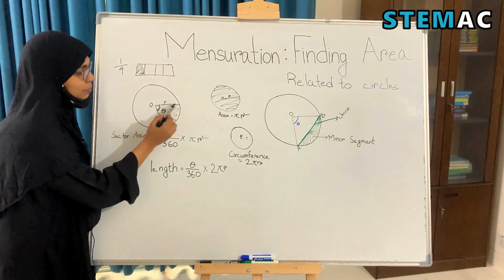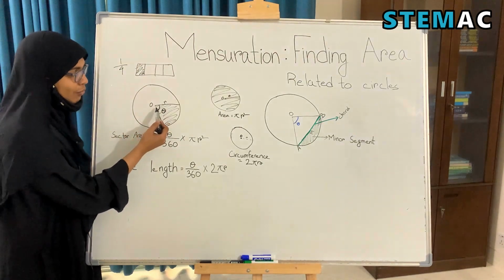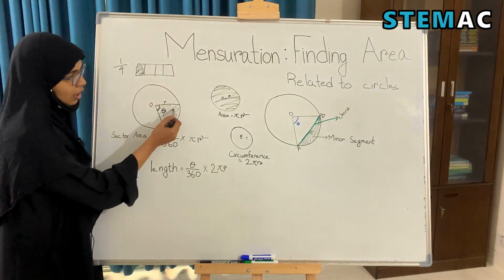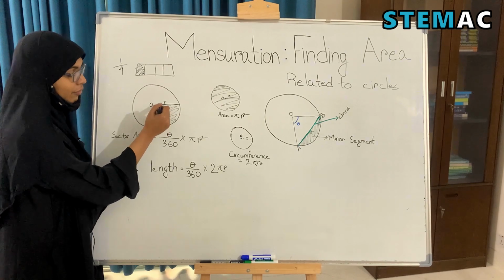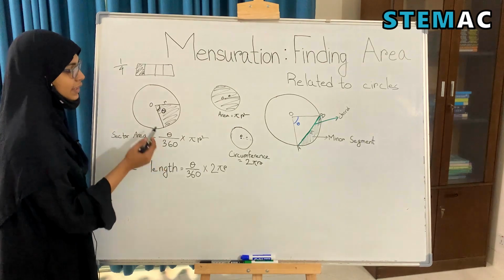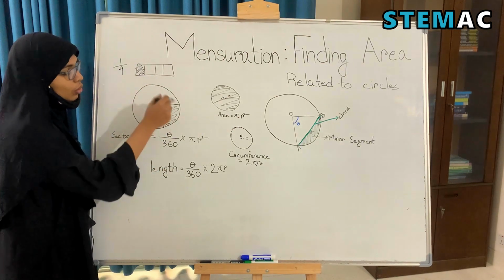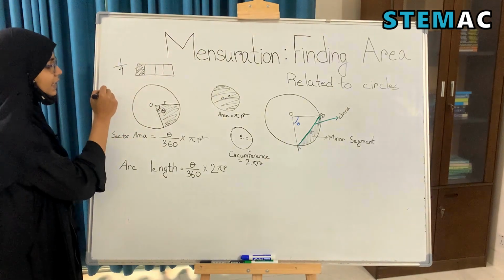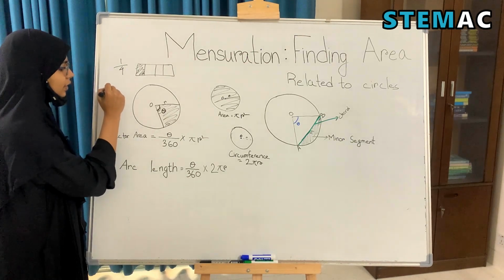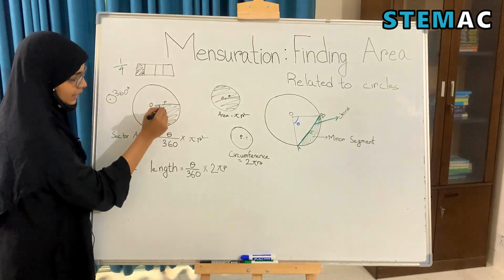As this part of the circle is bounded by angle theta, if we want to find the sector area, the area of the sector for this angle theta, we are only interested in theta part from the whole 360. A complete angle is 360 degrees, and this angle is theta.